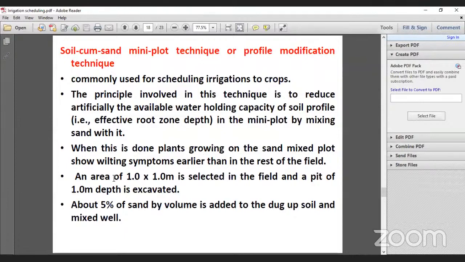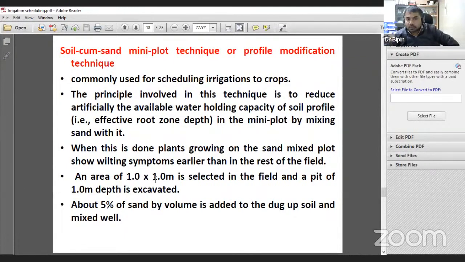An area of 1 by 1 meter is selected in the field, and you need to dig a pit of 1 cubic meter, and in that you add an extra 5% sand. So artificially you are reducing the water retention capacity of your field, so that the selected area will show early signs of water deficiency.